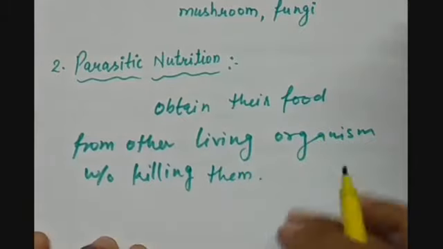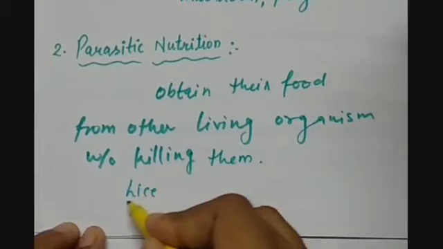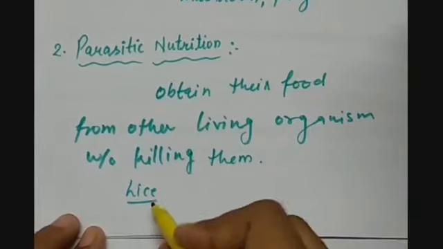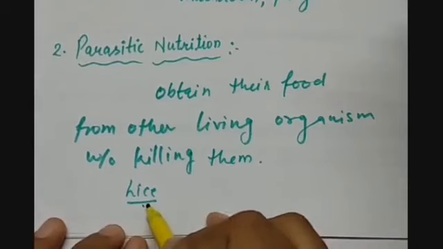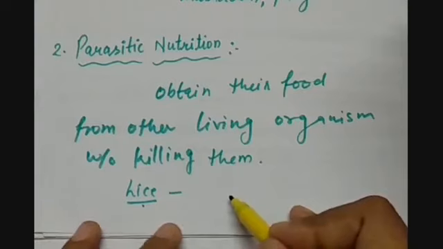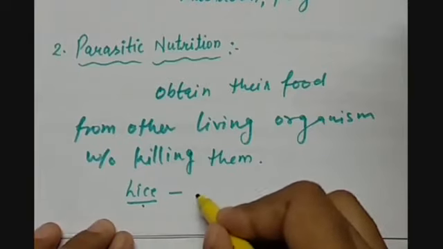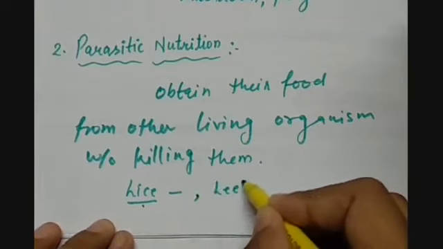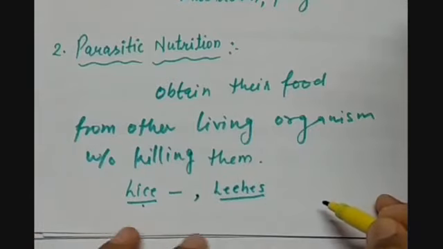For example, lice. Lice are organisms which stay in the head or hair, and they suck the blood from our head. Then another example can be leeches. These are found in animals like cows and buffaloes.